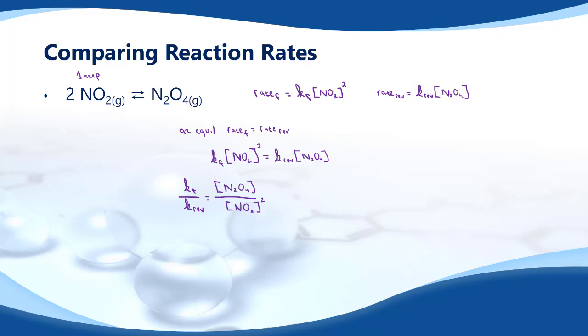So this is the ratio of the two rate laws. And this right here is going to equal something that we're going to in a second define as Q. So all an equilibrium expression is going to be is just the ratios of their rate laws, nothing else.